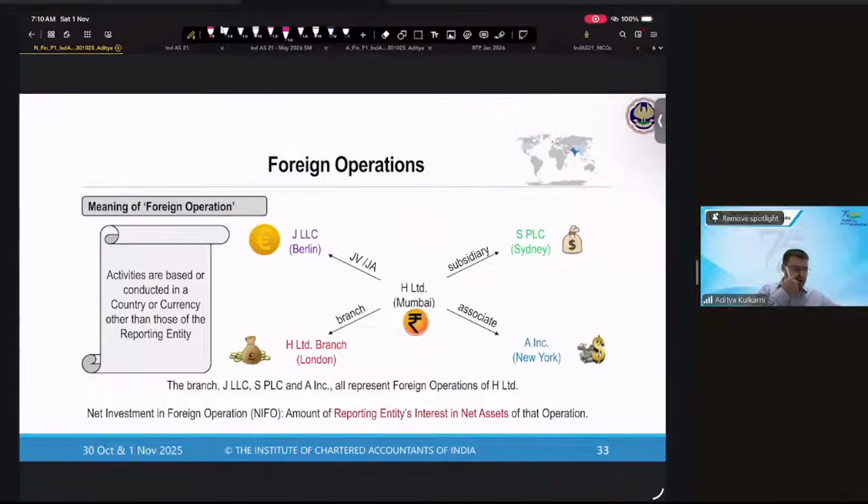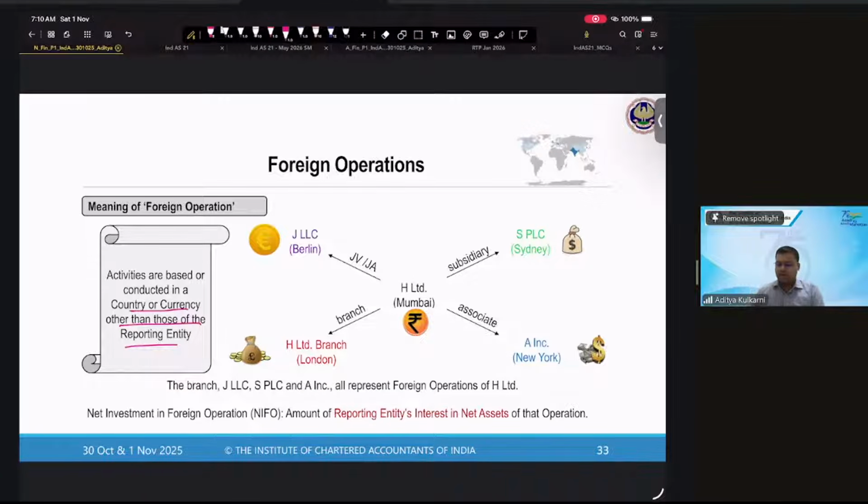Okay, so we shall now look into foreign operations. Very important and something which is partly you have studied and partly it appears to be a little new. So when we talk about foreign operations, activities are based or conducted in a country or currency other than those of the reporting entity.